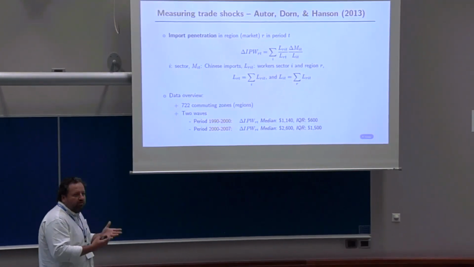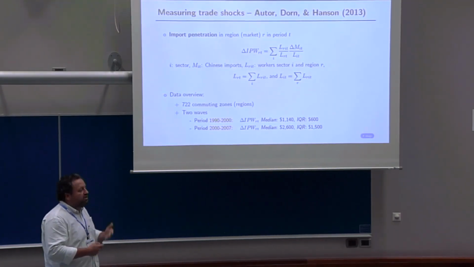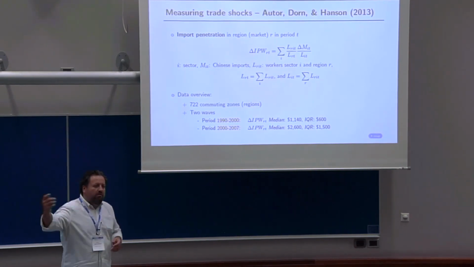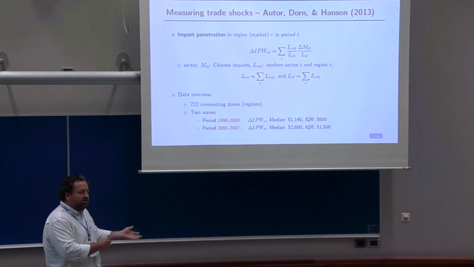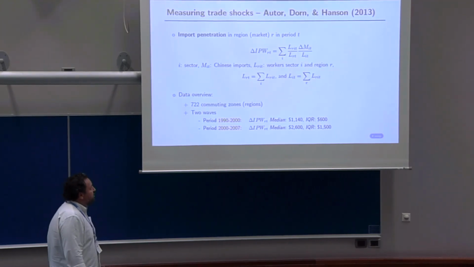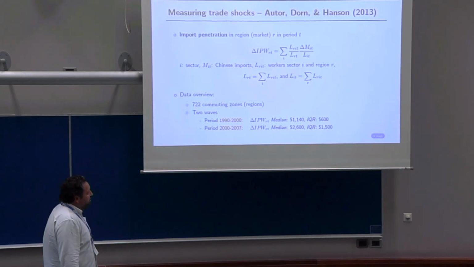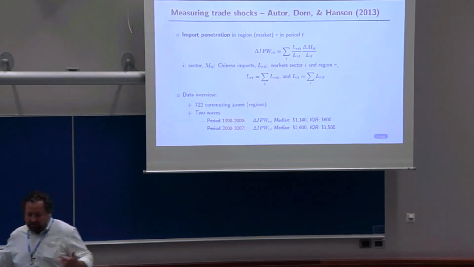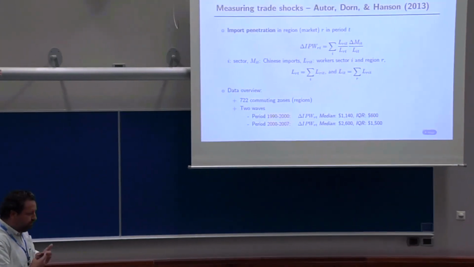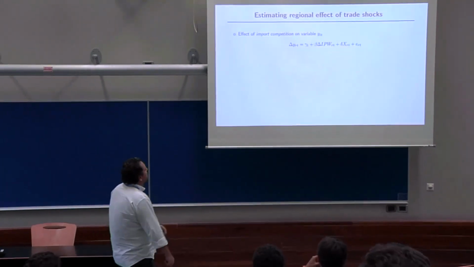On top of that, we instrument it the same way ADH does, by using imports from China into other developed countries, and using the lagged labor shares. And we have 722 commuting zones for these two periods, not exactly 10-year periods, from 1990 to 2000 and 2007. That's basically our shock.